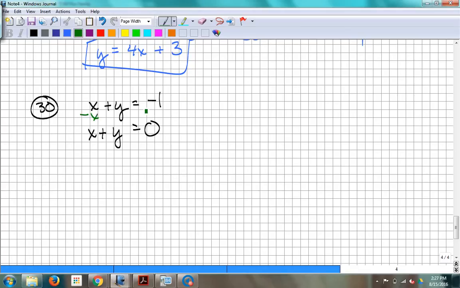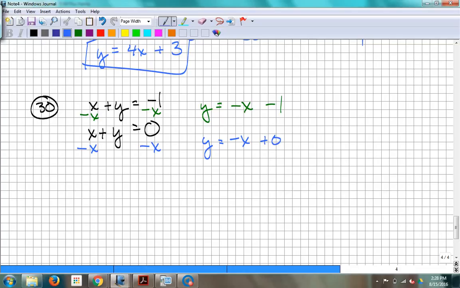So I would subtract x, y equals -x minus 1. Yeah, they are the same slope because when you subtract x here, you get y is equal to -x. Technically, there's a plus 0 out there. You don't usually write it, but it's out there. Slopes are the same, and the y-intercepts are different.